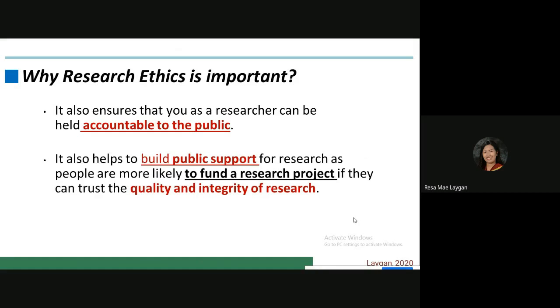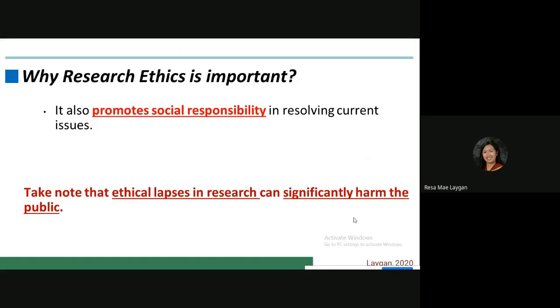It also helps to build public support for research, as people are more likely to fund a research project if they can trust the quality and integrity of the research. Another thing is it also promotes social responsibility in resolving current issues. You also have to take note that ethical lapses can significantly harm the public.